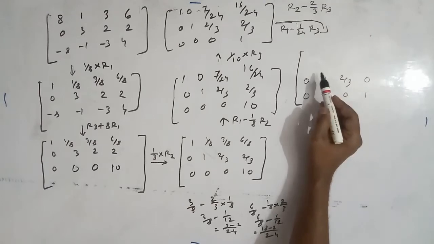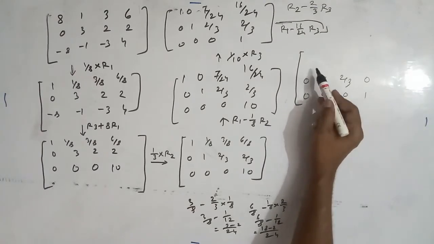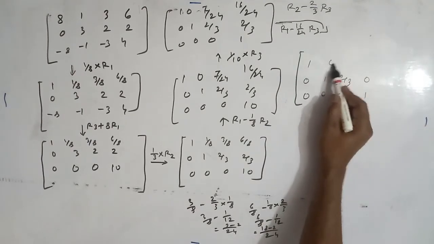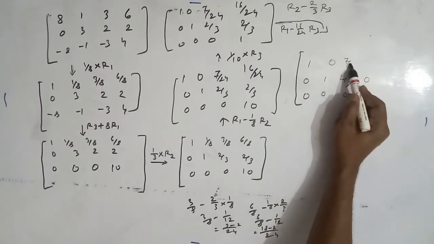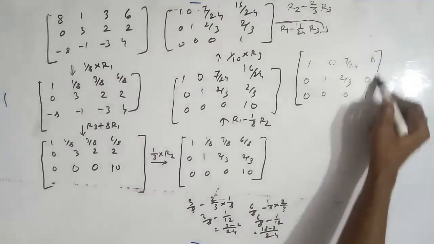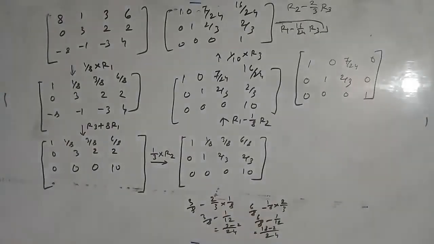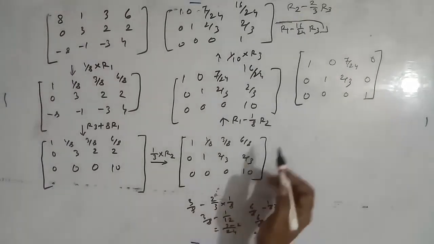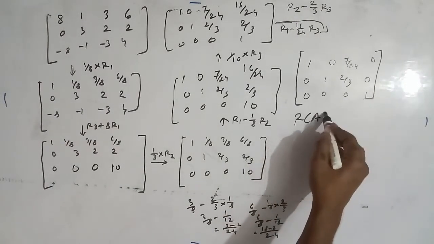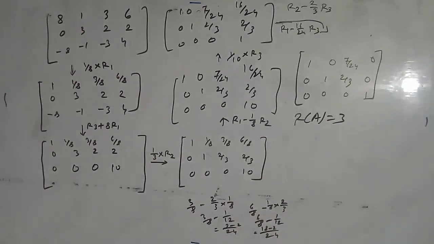Next R1 minus, okay, this will be 1, this will be 0, this will be 7 by 24, this will be 0. So now this is the row reduced form, and from the row reduced form of the given matrix we can see that there are 3 non-zero rows. So the rank of the given matrix will be 3. Okay.